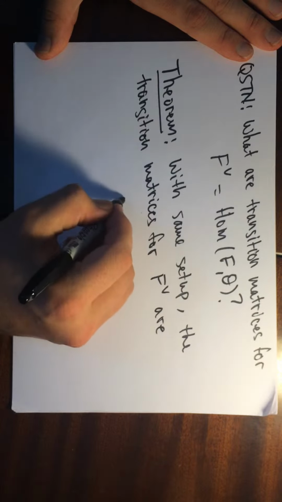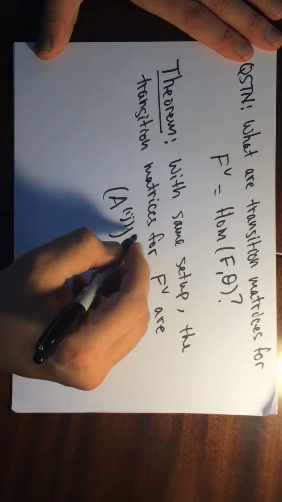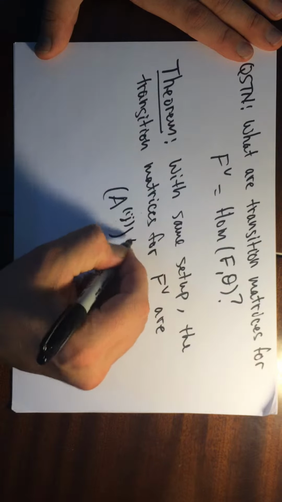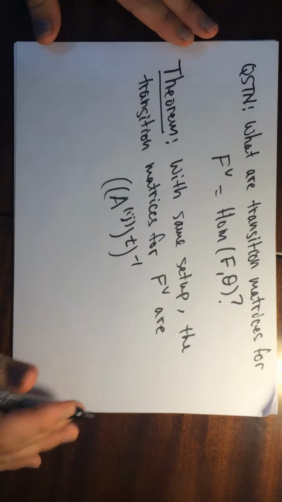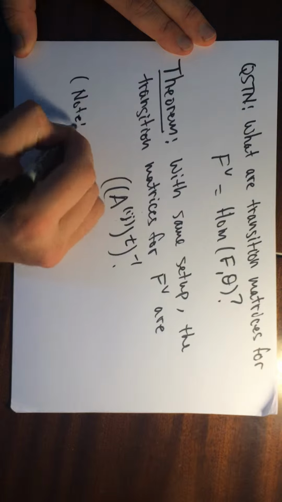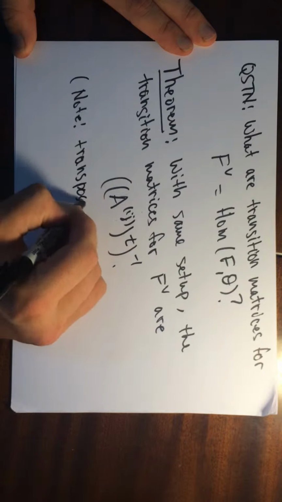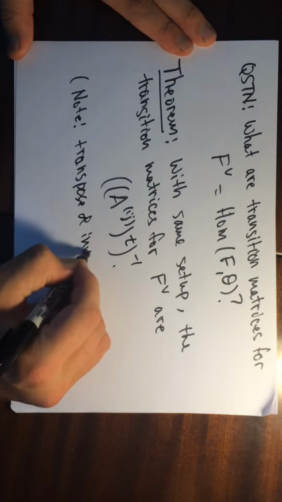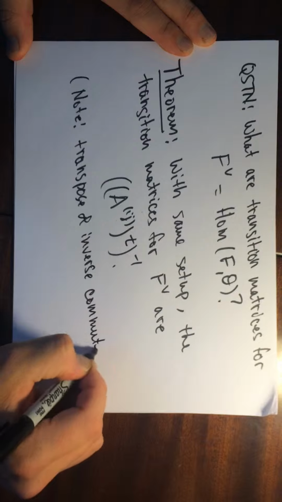We take A^ij, take the transpose of it, and then take the inverse. It actually doesn't matter if we do transpose and inverse, so let's make a little remark here. Note that transpose and inverse commute.